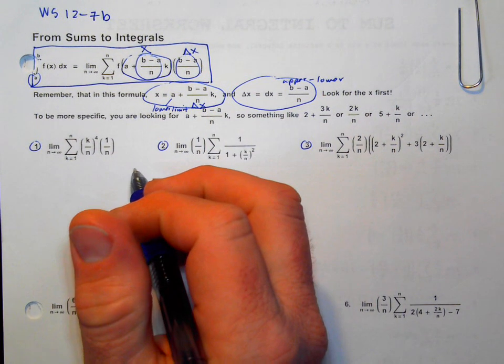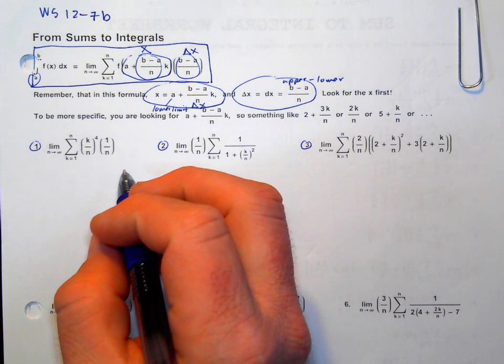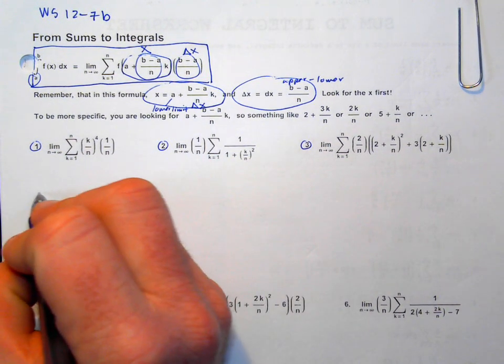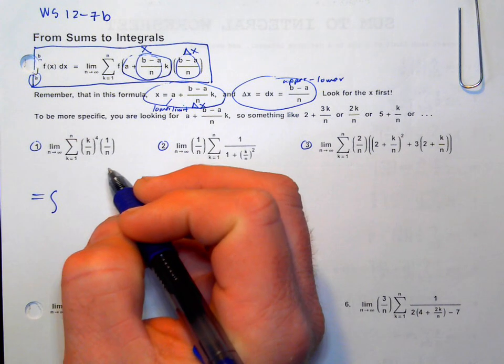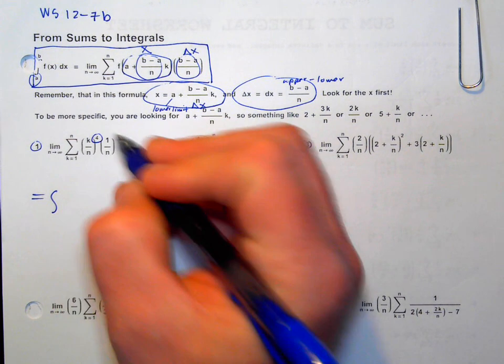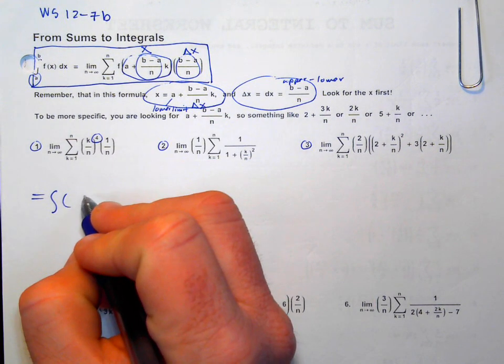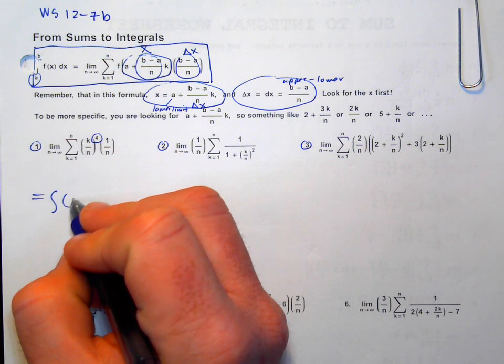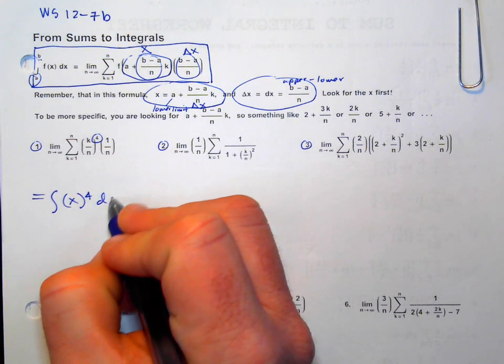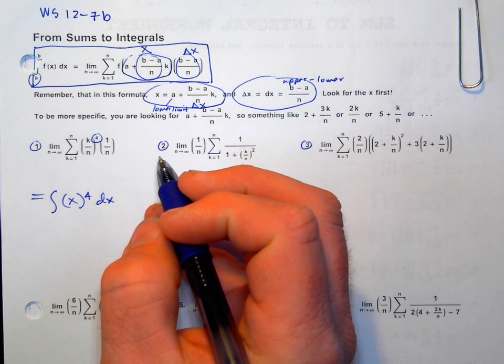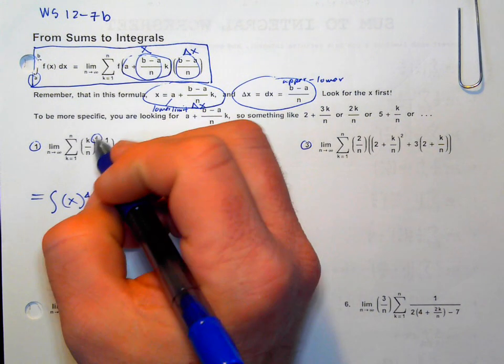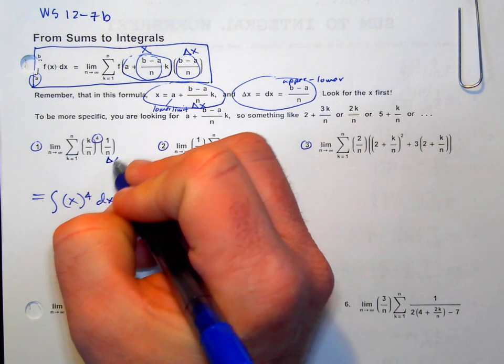Okay, so we're trying to write an integral with this. You should see the function. I think it's going to involve x to the fourth dx. I don't really need the parentheses. Now, this is probably our delta x right here.